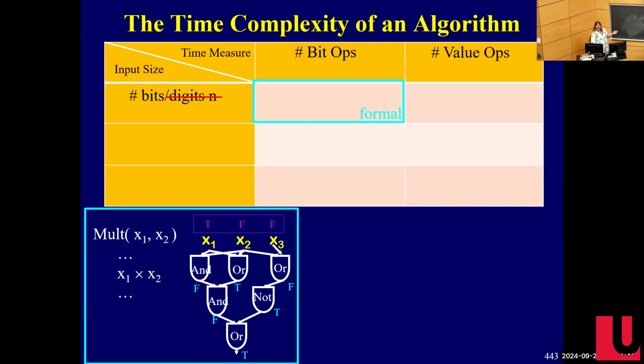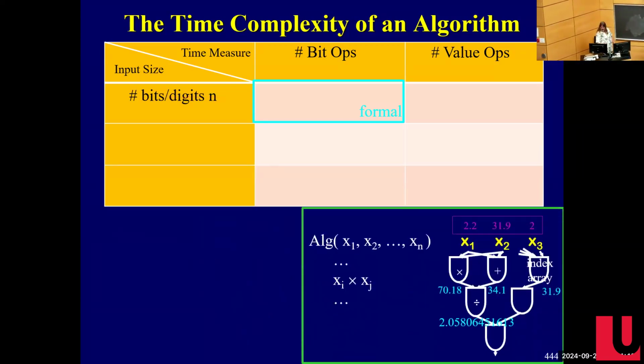Everybody good? All right. So now let's go back to some algorithm like sorting, where we have a lot of inputs, a lot of numbers coming in. And let's see how this model holds up. If it's our formal model, how does it hold up? Well, what's the input?